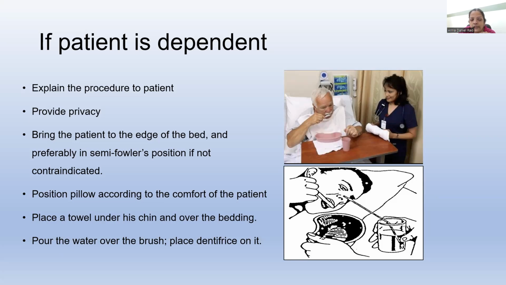Position of the head is very essential. Draining of the fluid, the patient should not be given gargles when they are not able to spit it out, right? Because we don't want any aspiration pneumonia, not to create more problems for the patient. So all those points should be remembered.